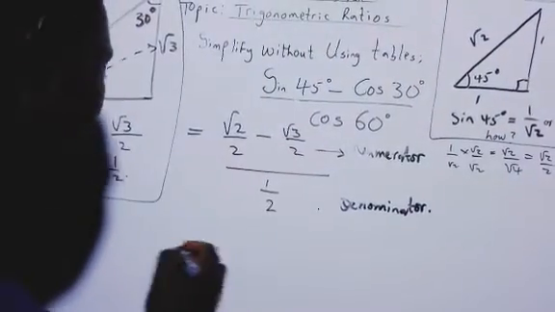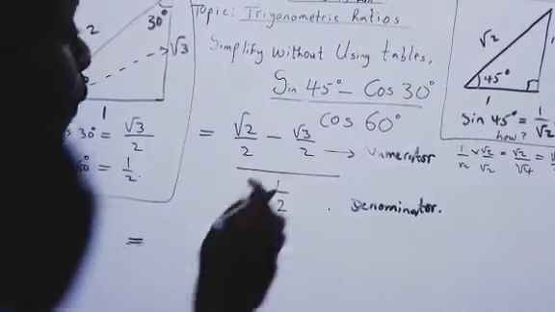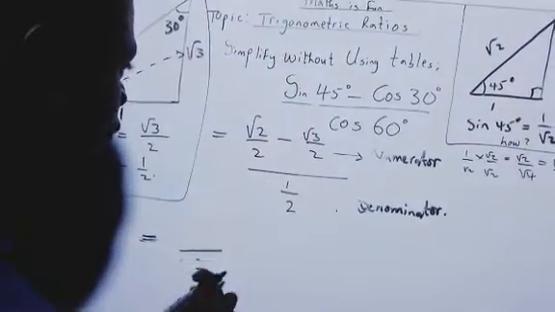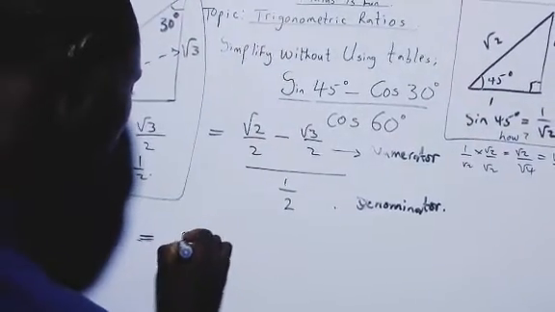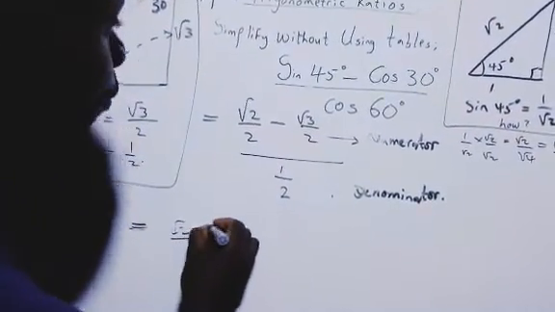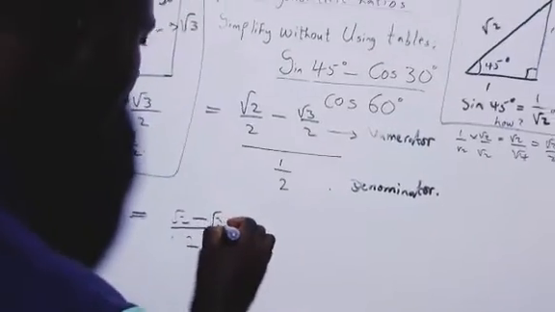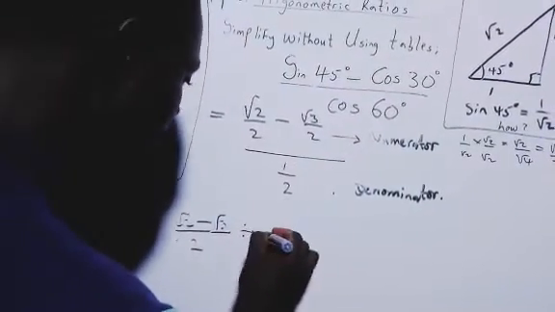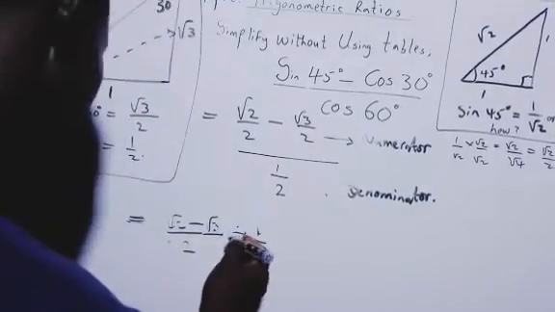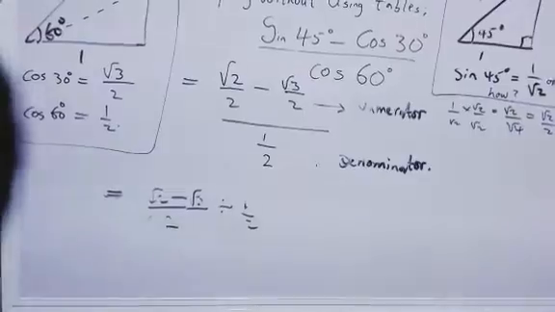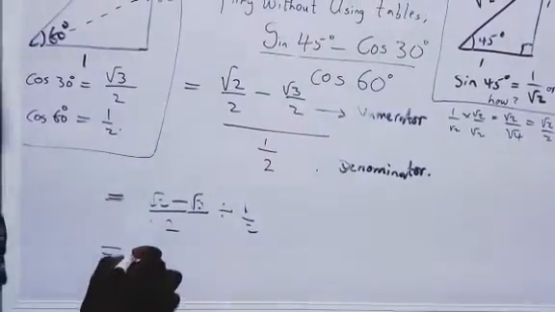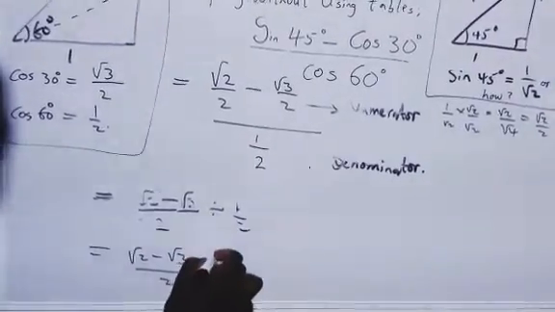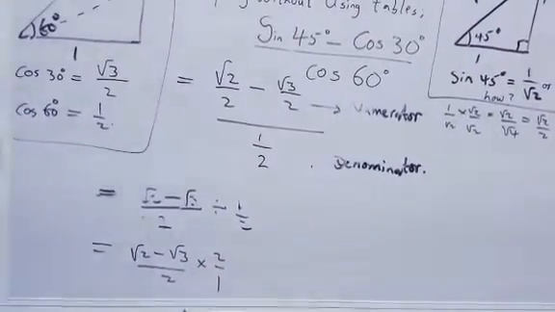The LCM is 2. 2 divided by 2, 1, 1 times root 2, square root 2 minus square root 3. Now, this division sign, all over 1 over 2. Now we have square root 2 minus square root 3 all over 2 times 2 over 1.